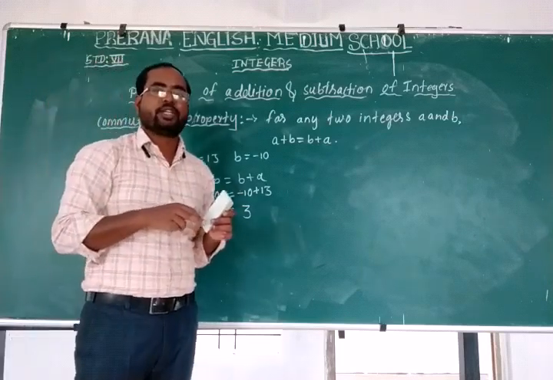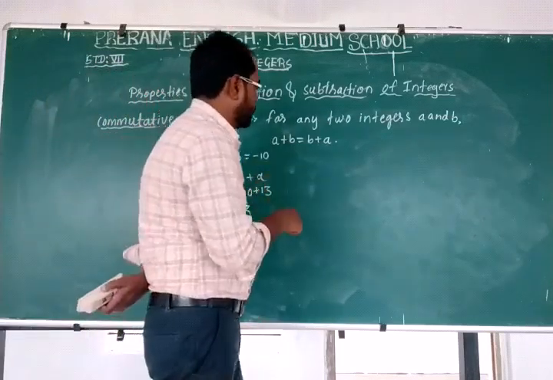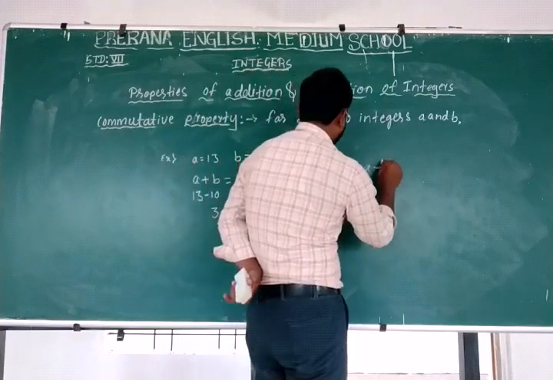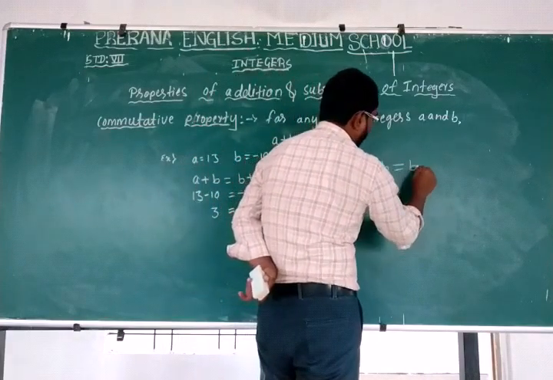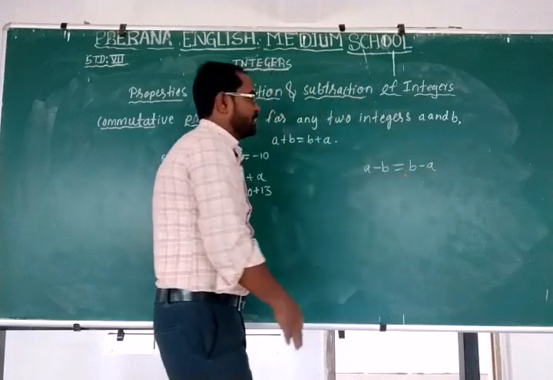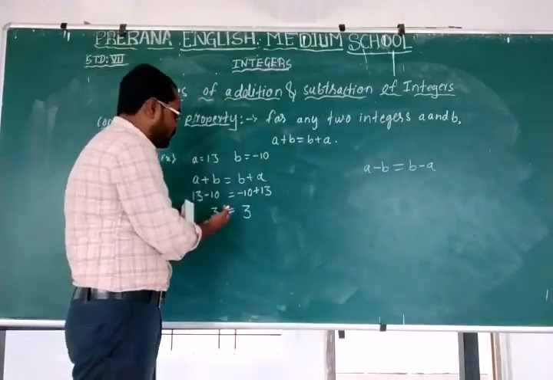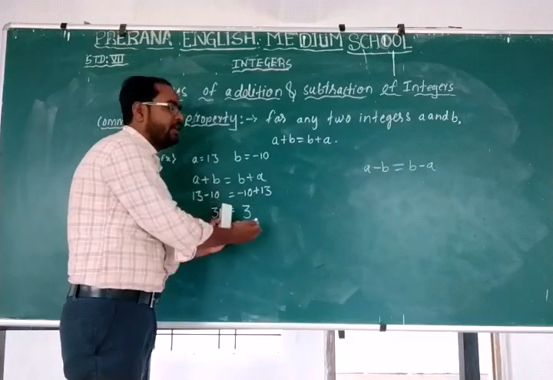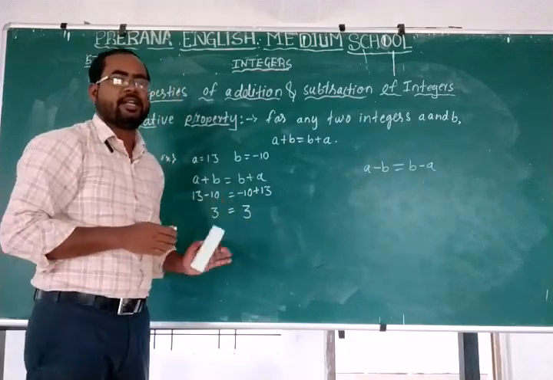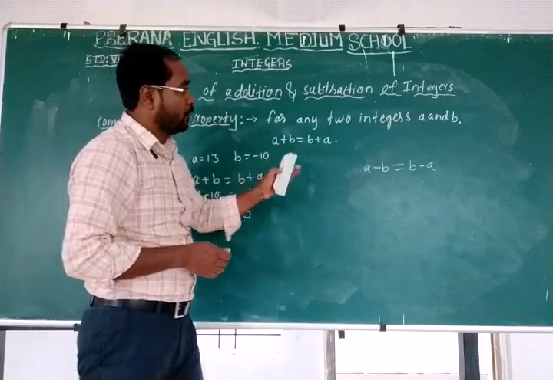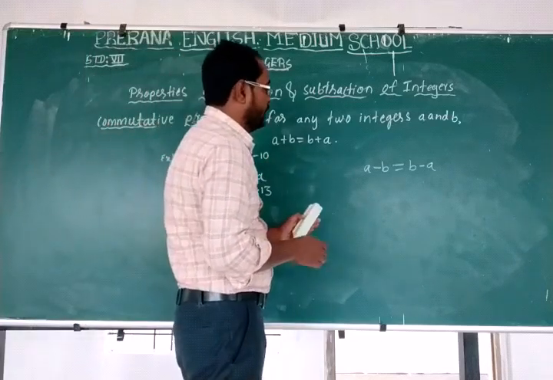What about subtraction? If I take a minus b equal to b minus a, does the commutative property hold good for subtraction? For addition it holds good because the LHS and RHS gave the same answer. What about subtraction? Just check here.